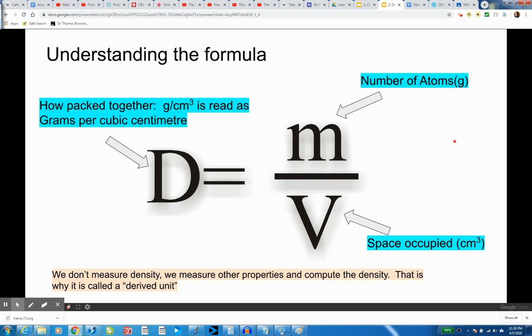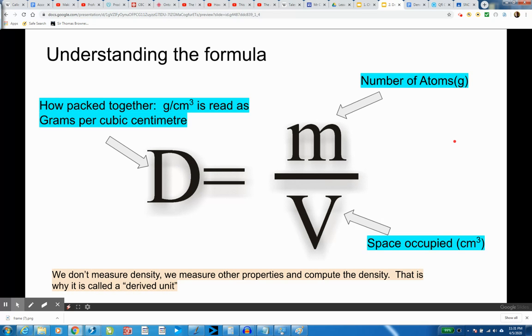The atoms are there. So we take the total amount of atomic particles, the mass, and we divide it by the space they occupy, the volume, and then we get a measure of squishiness or fluffiness called a gram per cubic centimeter. And I want you to think of it as gram for every cubic centimeter. And a cubic centimeter is about the size of a sugar cube. So how much would a sugar cube sized piece weigh?